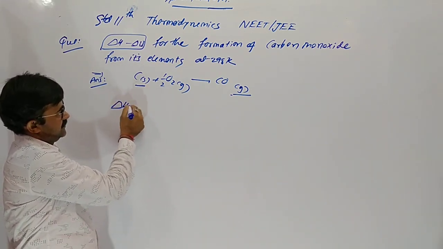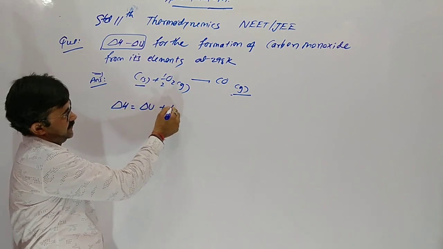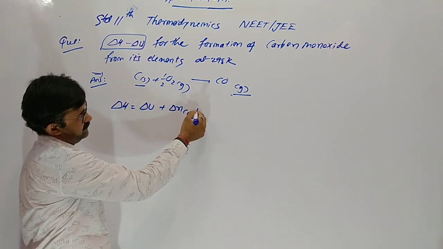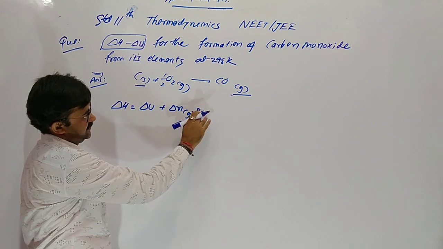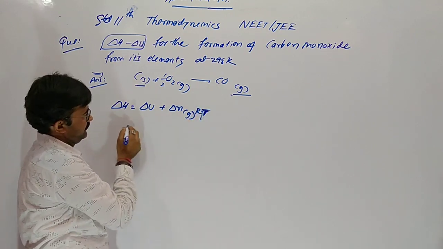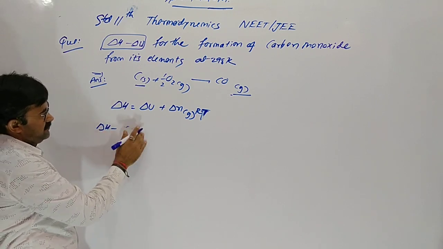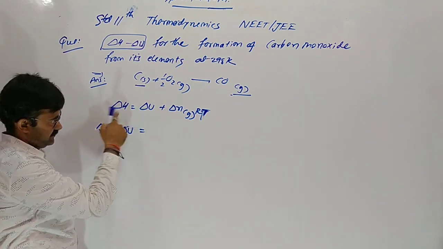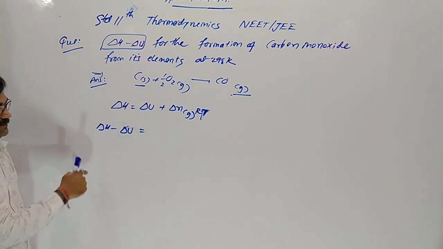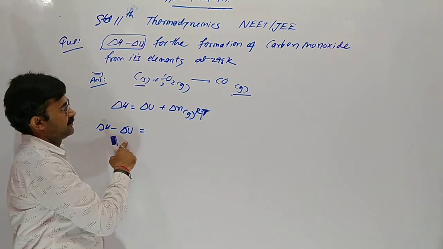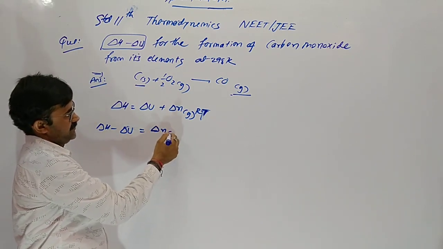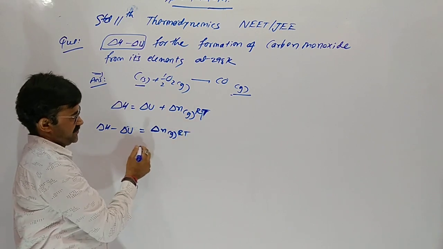Delta H is equal to delta U plus delta n g RT. Clear? Now for getting delta H minus delta U, delta U comes to the left hand side, it will be negative. So delta n g we have to define first.